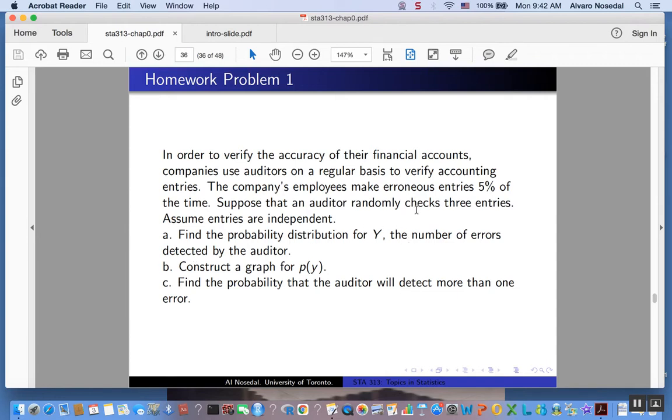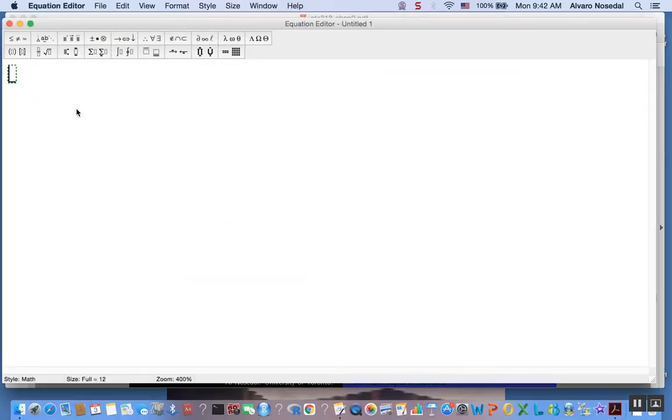So again, we have a sequence of 3 of those Bernoulli trials, and since we have independence, Y, the random variable, the number of errors, has a binomial distribution with parameters n and p. N is going to be 3 and p is the probability of success. So let's say that.